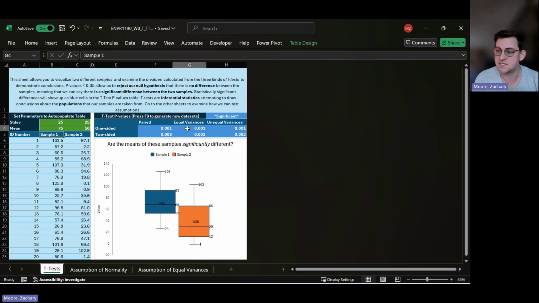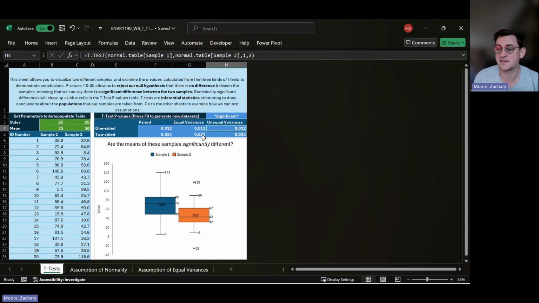And what happens is you can see that these t-tests, all of a sudden, they're this blue value that says that they are less than 0.05. And so it's telling us that these two samples are statistically different. And this is an inferential test. And so what we're saying is, based on these samples that we've taken, sample 1 and sample 2 of whatever it is that we're looking at, we're making an inference that these populations have different means and that they're statistically significantly different from one another.